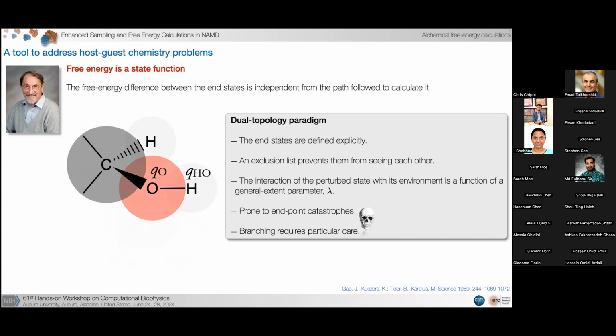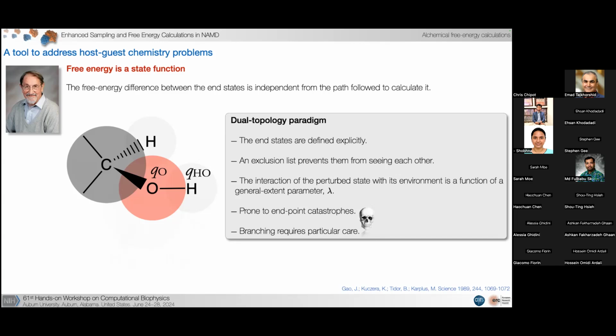At some point, when I start my transformation, the other side chain appears and starts to interact with the environment at the same time as the alternate topology fades away. All of this is controlled by a general extent parameter, or coupling parameter, lambda.